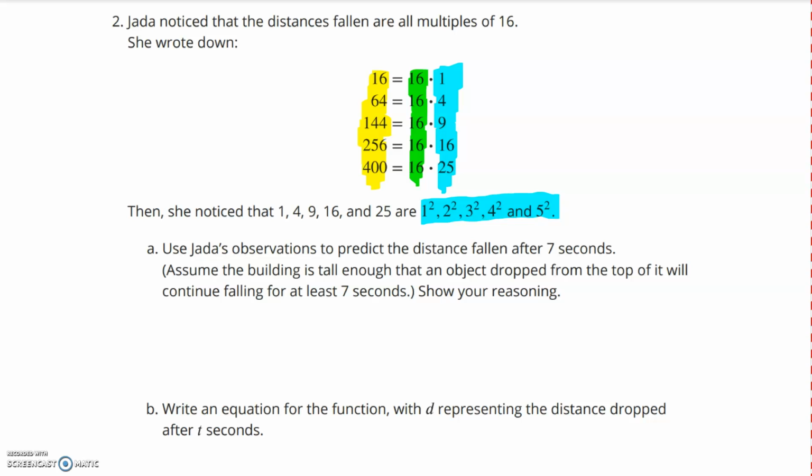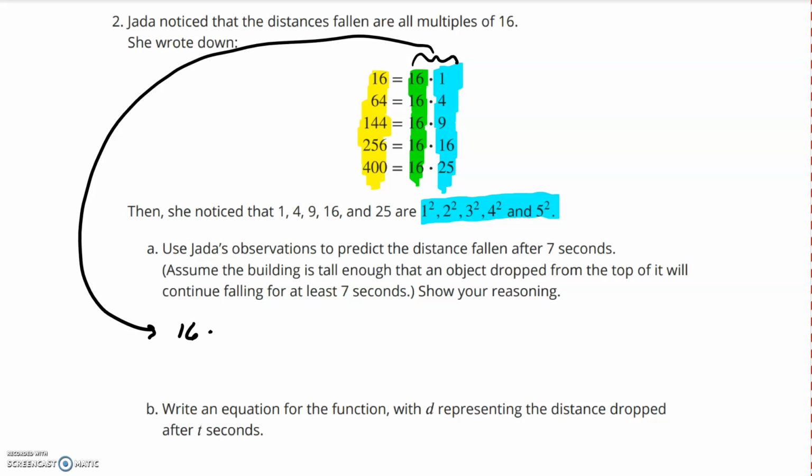So we're going to use Jada's observation to predict the distance fallen after 7 seconds. Well, we can take this information that Jada worked on, and we know that it should be 16 times the number of seconds, which is 7, squared.